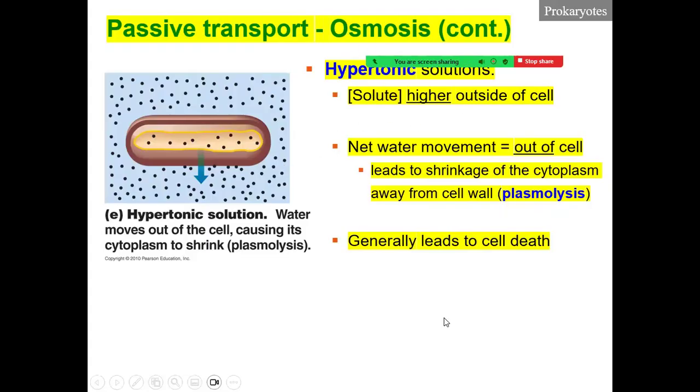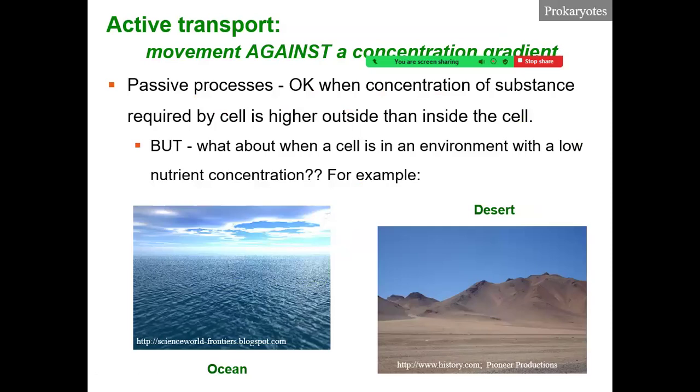All right. So passive processes are okay when the concentration of substance required by the cell is higher outside the cell than inside the cell. But what about a cell in an environment with a low nutrient concentration, like a cell in the ocean? Very few nutrient molecules around the cell. Or a cell in the Sahara Desert.